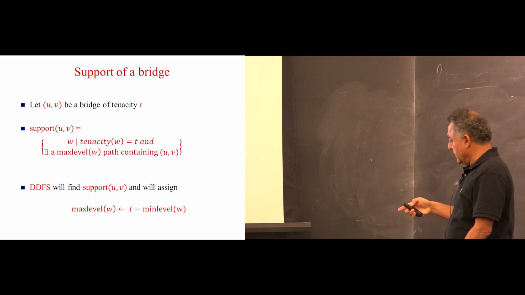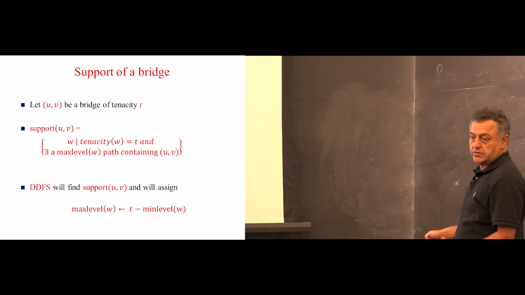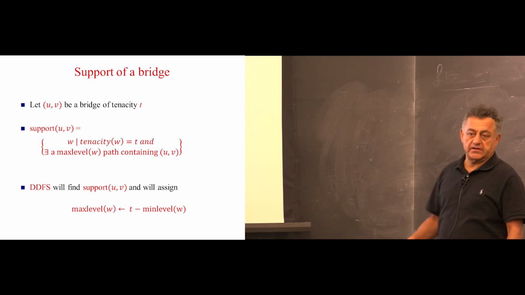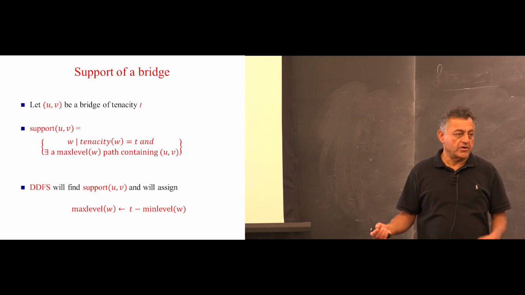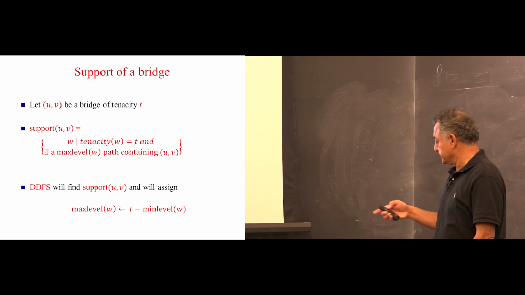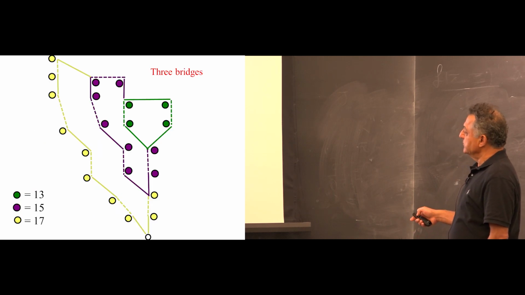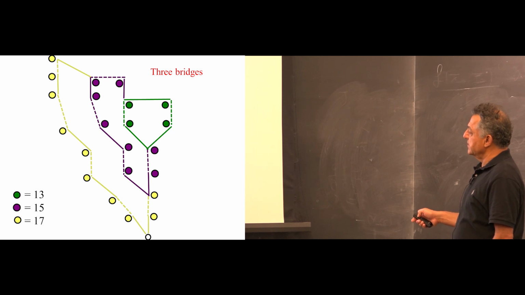Okay? And after having found the support, for each of these vertices W, their max level will be given as T minus the min level, because min level plus max level is T, that being the tenacity of W. Okay, so for instance, this graph has 3 bridges, this green one, this purple one, and this yellow one.